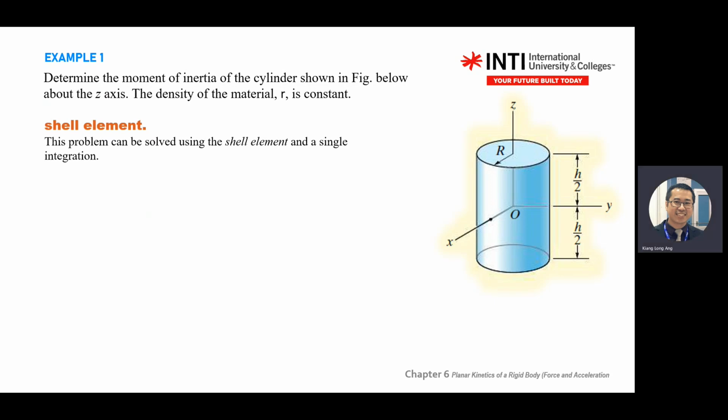You know how to do a ring. You don't know how to do a full circle. What happened to your R? How do you get it? How do you change this one to here?